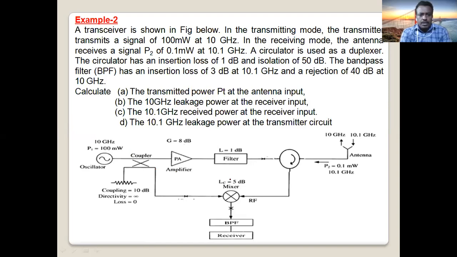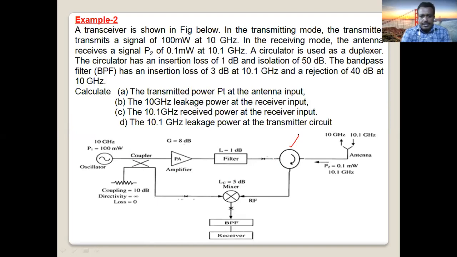Example 2. This circuit, this figure, as you can see, is a transceiver, which means this system transmits and receives simultaneously using a circulator here as a duplexer. So this is our circulator here.